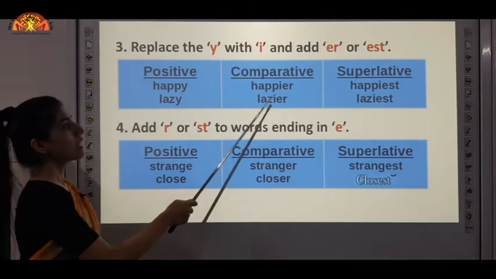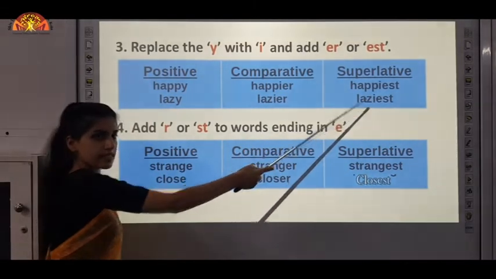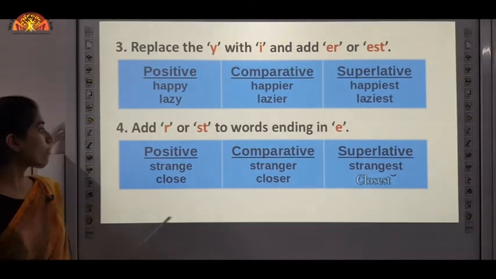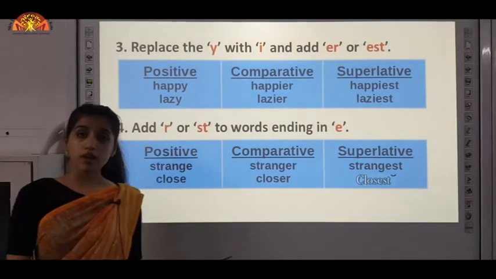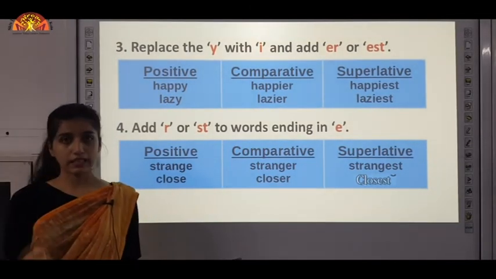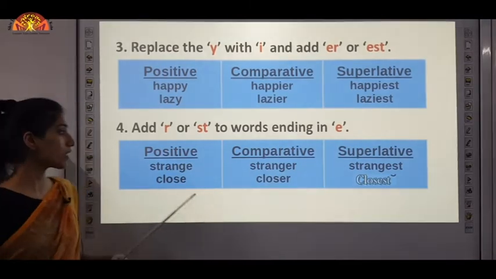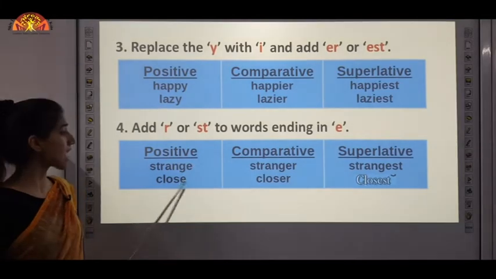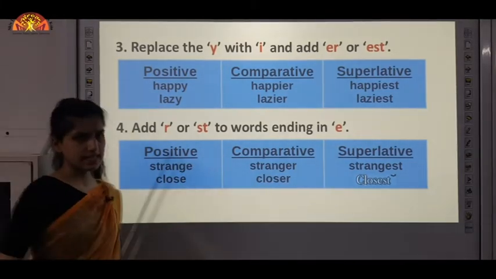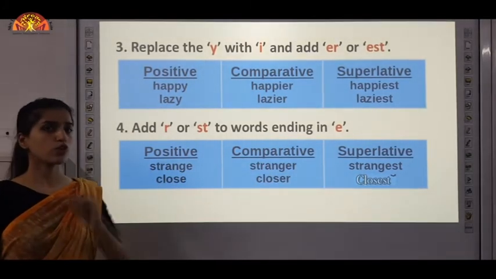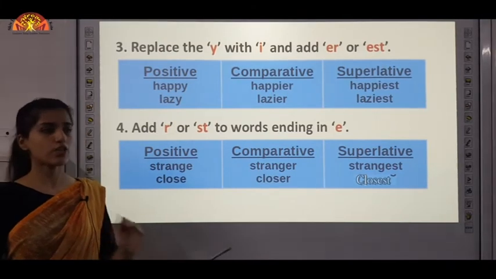So now happy, happier, happiest, lazy, lazier, laziest. Now the fourth form, the words that end in e. What we do is we just add r and st at the end.